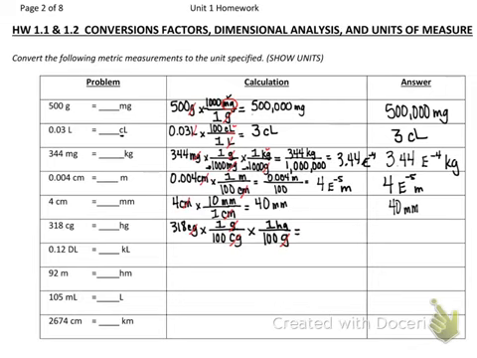I write my equal sign, and now I'm going to set up the problem. My numerators, I have 318 times 1 times 1, so that's going to give me 318 hectograms, but I still have my denominator to worry about. So 100 times 100 equals 10,000.